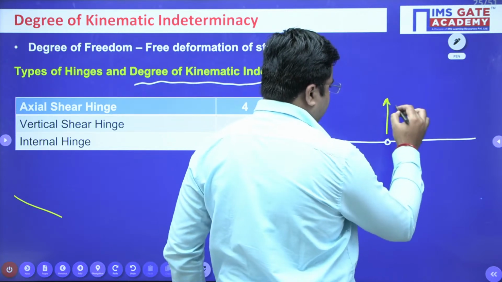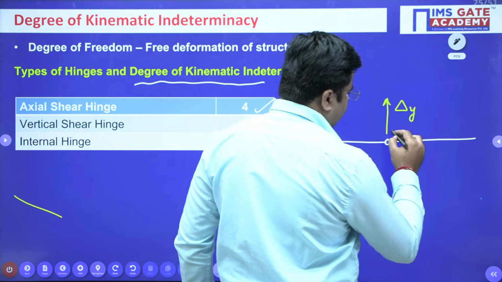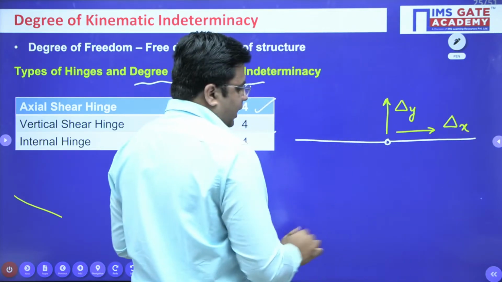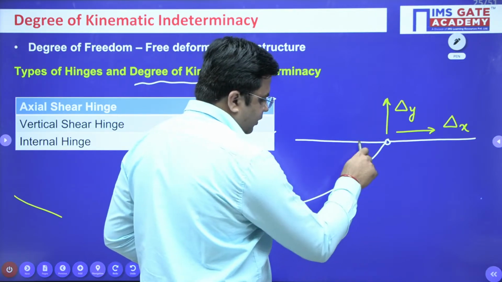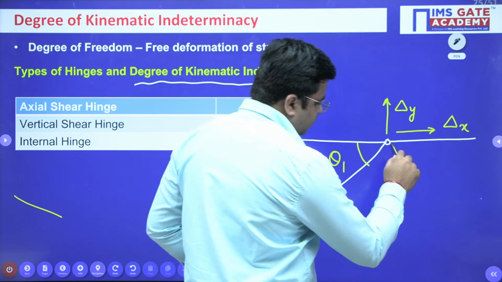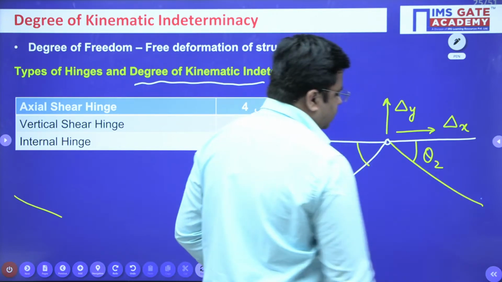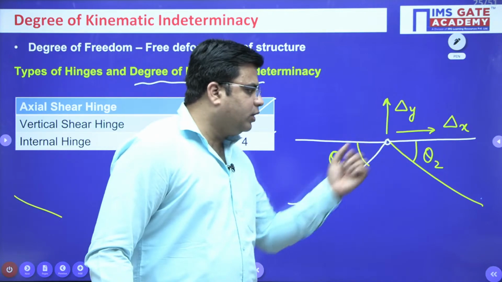First one is your delta y, second one is your delta x. Next, you can have rotation, that is theta 1, and this is your theta 2 for two different members, right? So these are the four possibilities of movement when we talk about the internal hinge.